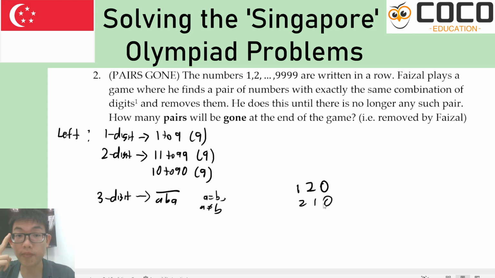Just reversing the front part would cancel it off. But for something like 110, it would actually pair up with 101. Because 110 would be left over, 101 would also be left over. And so all the scenarios where B is actually 0 would be removed.